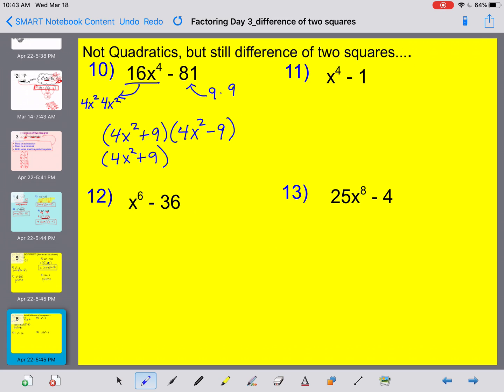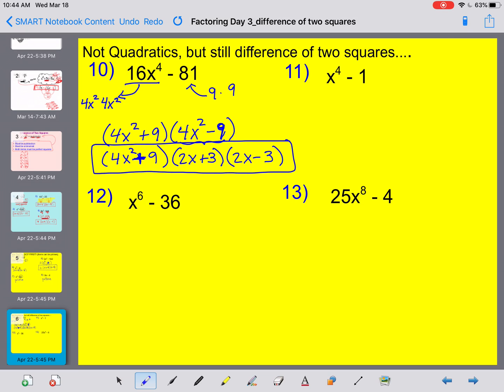I can't do difference of two squares with it because it's addition. Addition, you're stuck. There's no such thing as sum of two squares. I'm going to take the other one and do a difference of two squares with it. What two things multiply to make 4x squared? 2x and 2x. What's the square root of 9? 3 and 3. One plus and one minus. So that's your final answer.